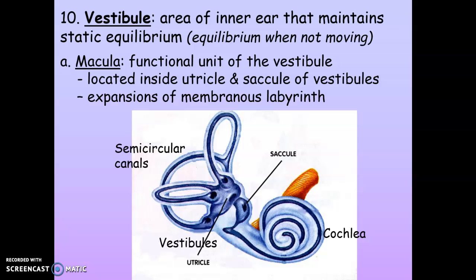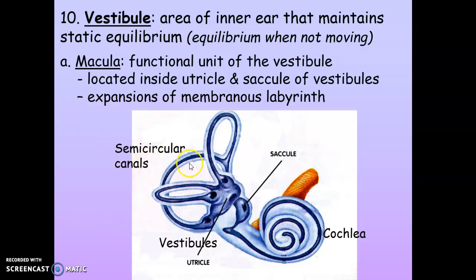You want to keep in mind kind of the main function of each of these three areas, what the actual organ is that does the work, and how they relate to each other. So just as a reminder, the cochlea has the organ of Corti, which allows us to hear.